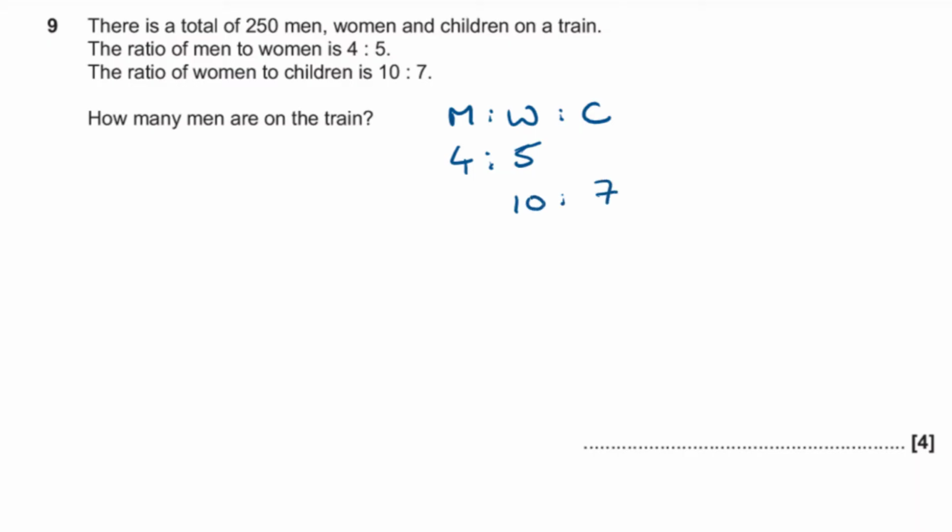But we want to create a ratio of all 3 together. Now notice from here to here, 5 to 10, that's times by 2, isn't it? So that's twice as big.